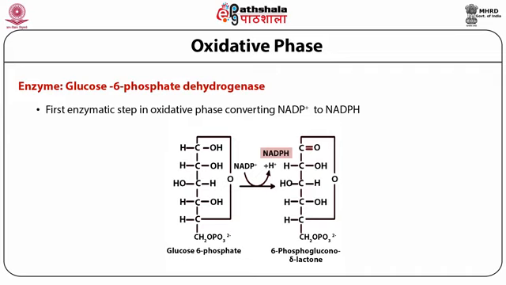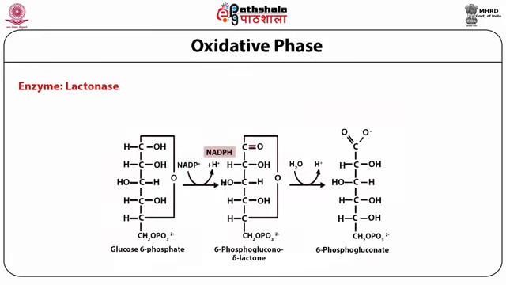This is a very favorable reaction in forward direction for producing NADPH. The reaction shows the action of enzyme lactonase. The lactonase opens by hydrolysis, adding a water molecule to cleave a bond, usually a type of amide or ester.